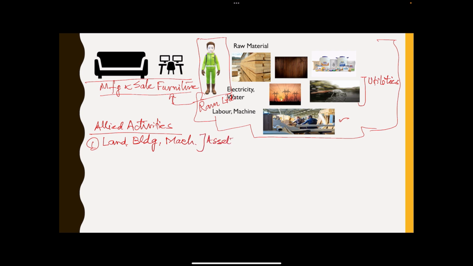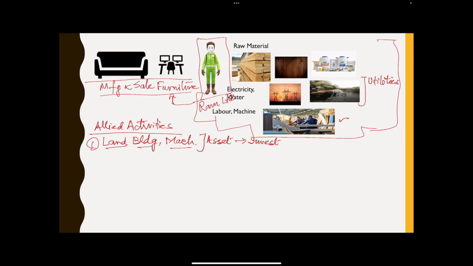These are the assets Ram needs to buy and invest his money in. What is investment? Investment is assets which provide benefit over a period of time, because he will use the land, building and machinery for his business. All this investment Ram is doing to start his business of manufacturing and sale of furniture.